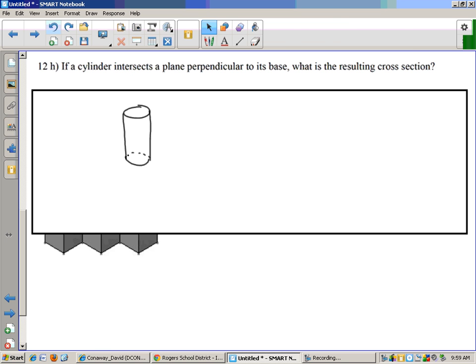Up and down. I'm not talking about American Airlines here, I'm talking about a geometry plane. So if a plane intersected this circle, what shape would it create?